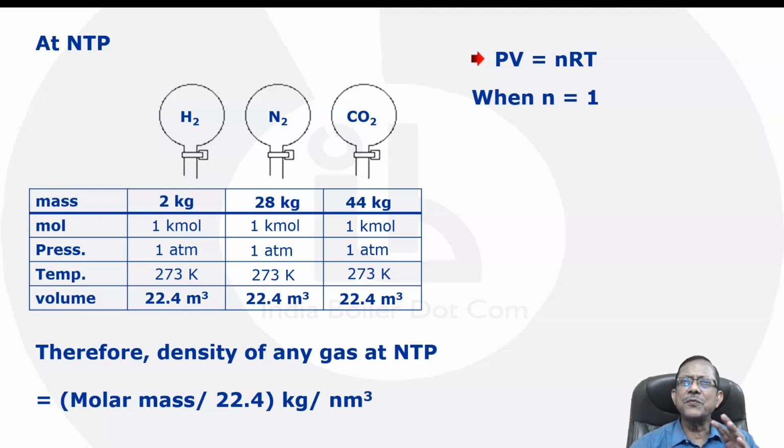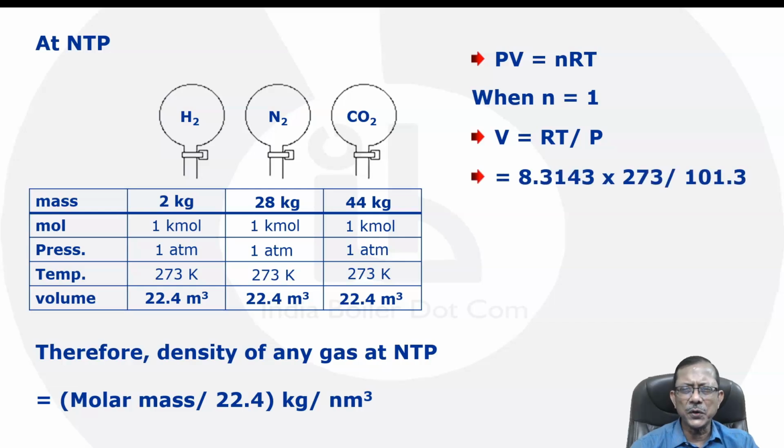So the volume will be equal to RT by P. At NTP we know R, the universal gas constant, is 8.3143, the temperature is 273 Kelvin and the pressure is 101.3 kilopascal. So RT by P is calculated as 22.4 meter cube. So the density of any gas at NTP can be calculated this way.